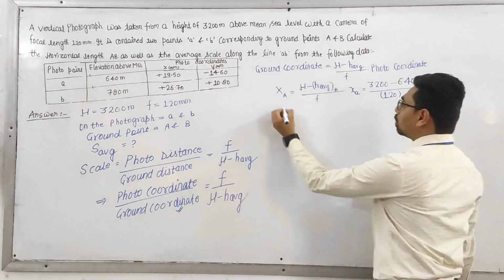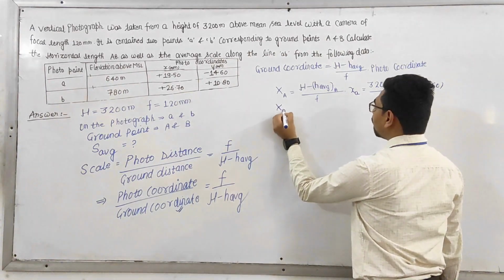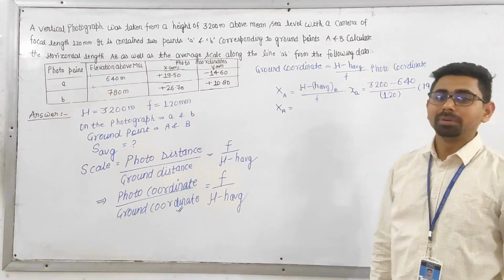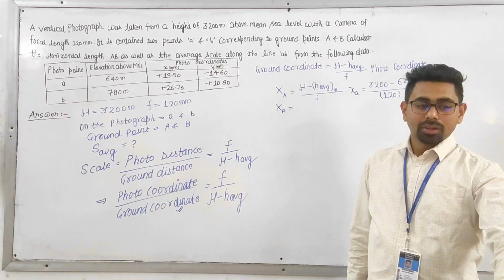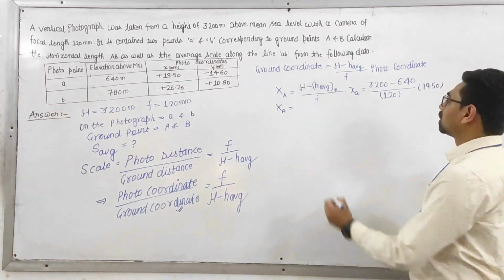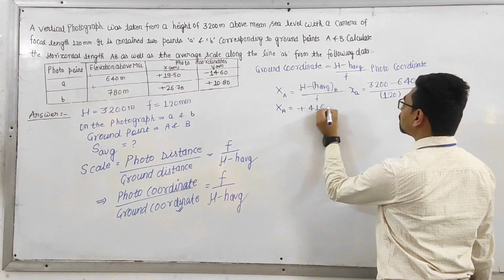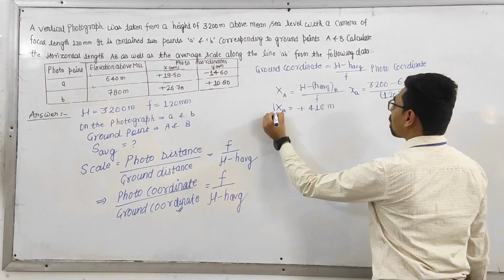We calculate the ground coordinate XA. It will be plus 416 meter.